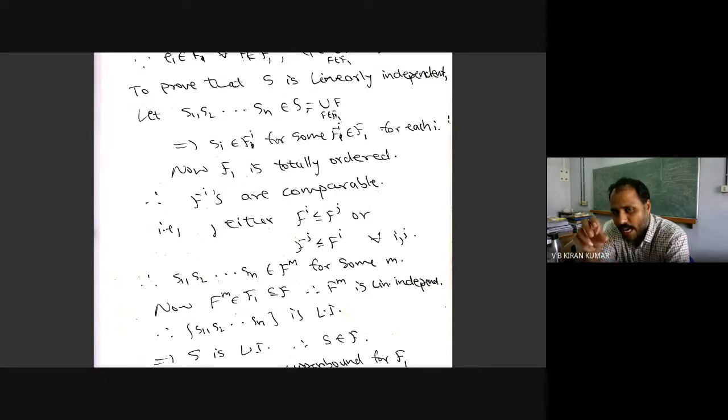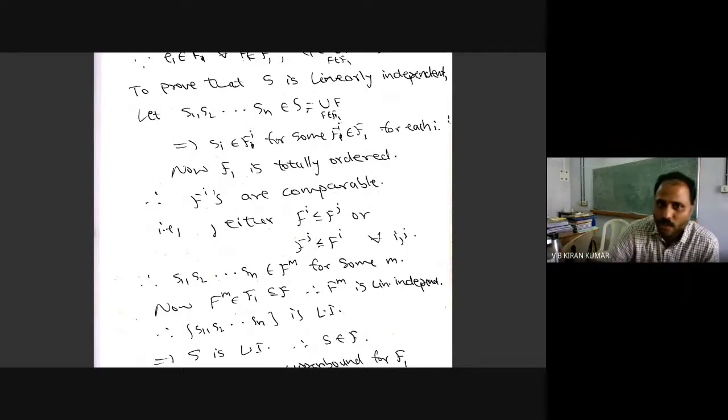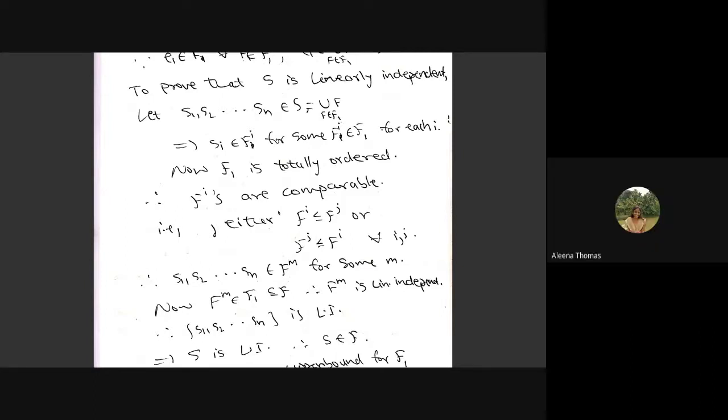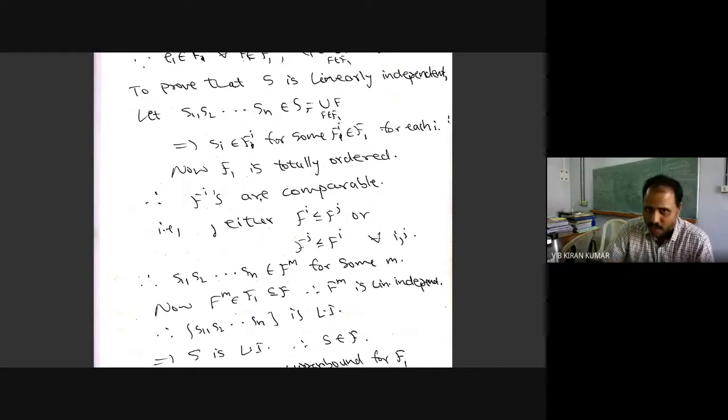Is that clear to you? Clear, right? Okay. So you can put s1, s2, etc., sn in a single element here. Therefore, since that is linearly independent, this will be linearly independent.